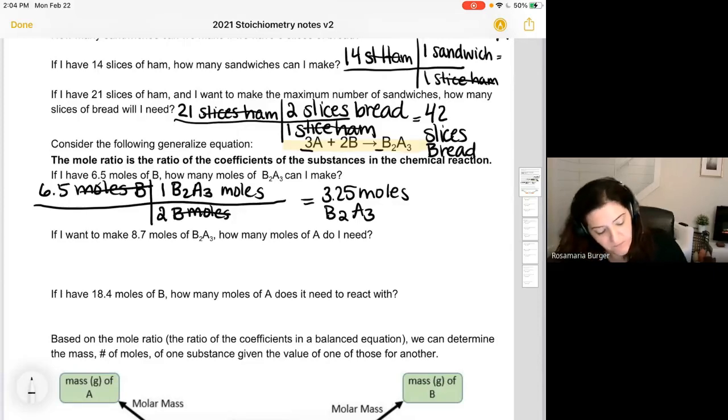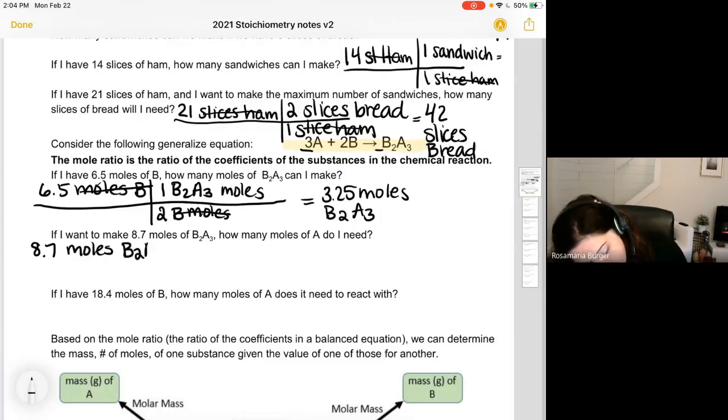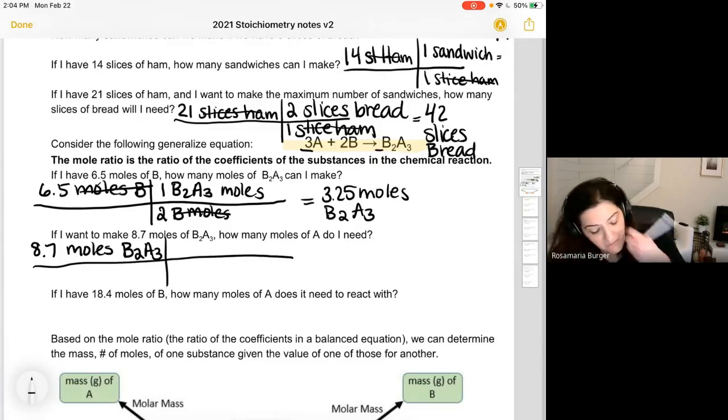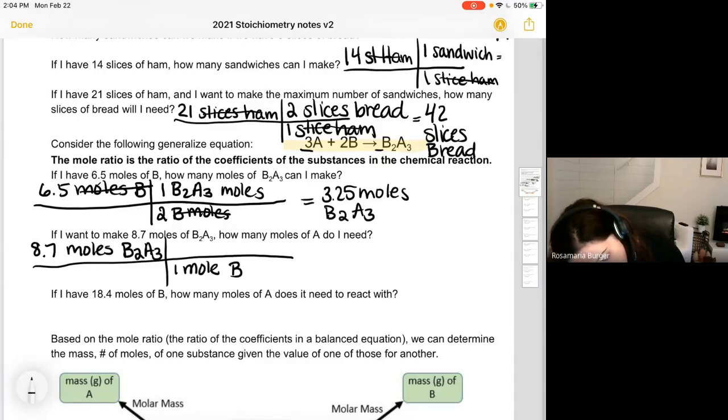So if I have 8.7 moles of B2A3, that's what I want, I need to get rid of moles of B2A3 and get moles of A. Well, for every 1 mole of B2A3, I needed 3 moles of A. B2A3 moles cancels out.